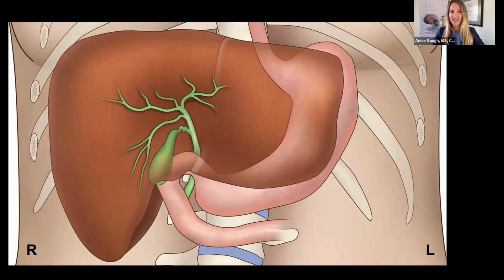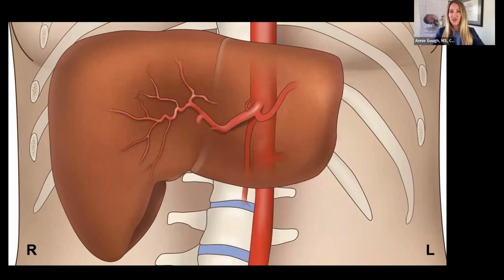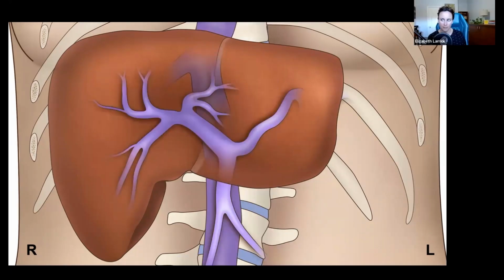It also has arterial supply. So there are hepatic arteries that come off the aorta that supply the liver, with blood and oxygen. And then there is also the portal system, which are the veins that take everything out from not only your intestines and help you digest food, but also takes blood back to the heart.